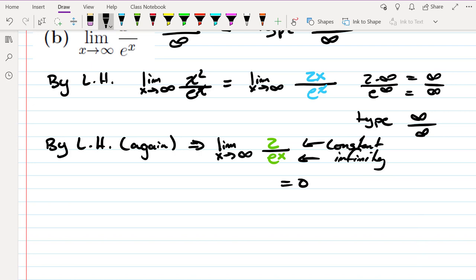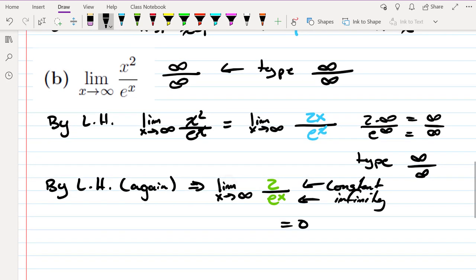So in this example, we had to use L'Hopital's rule more than once. And in fact, we can use it again and again. There is something worth observing here: our numerator this time was a degree 2 polynomial, x squared. So a degree 2 polynomial, after we take 2 derivatives, is going to be a constant.